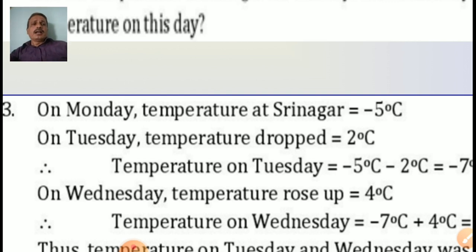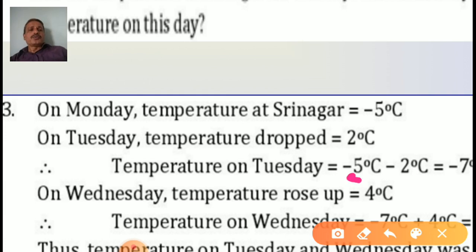Yes, the 2 degree centigrade drop down. Understood, student? Yes, that means -5 -2. See, here it is shown. Both number are negative. What we have to do? We have to add and sign remain negative. So -7 degree centigrade temperature on Tuesday at Srinagar.